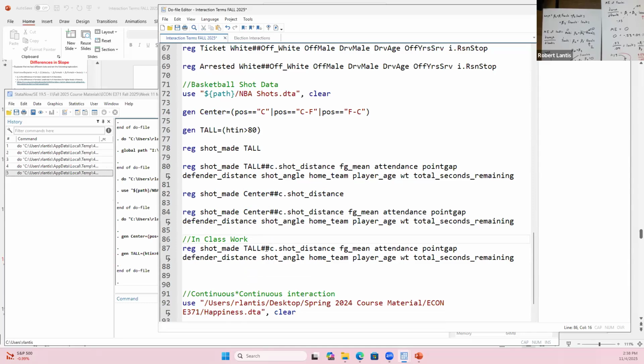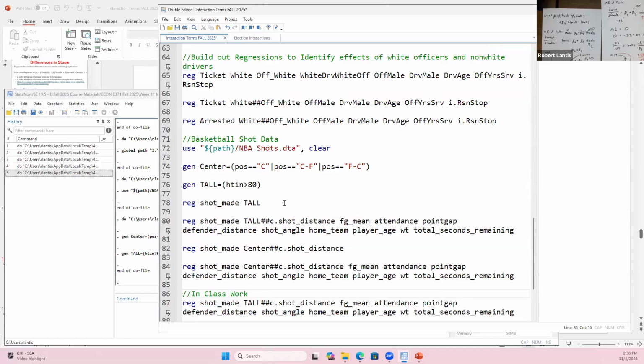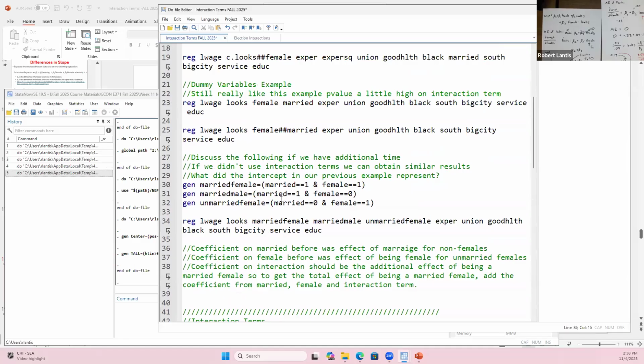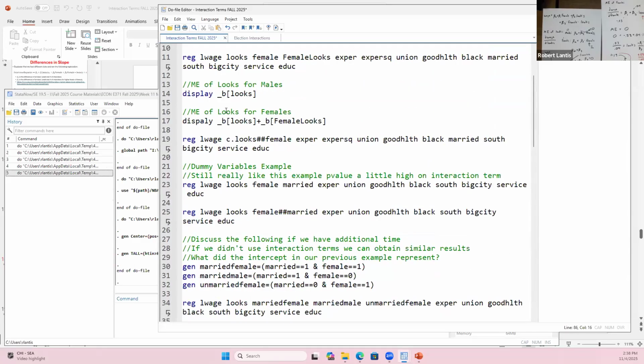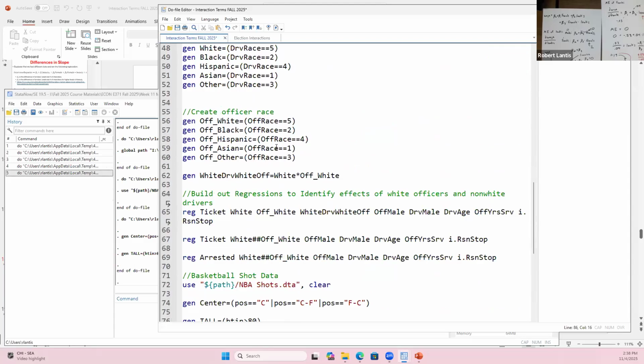Now, instead of using the shorthand built-in syntax in Stata, where I can take the dummy variable, double pound sign or hashtag with that continuous variable, it gets a little bit tricky if I want to use those coefficients after I run the regression, all right? So I think I had an example up here where I said, if I want to start to use these, maybe creating the interaction term myself might be a little bit easier.